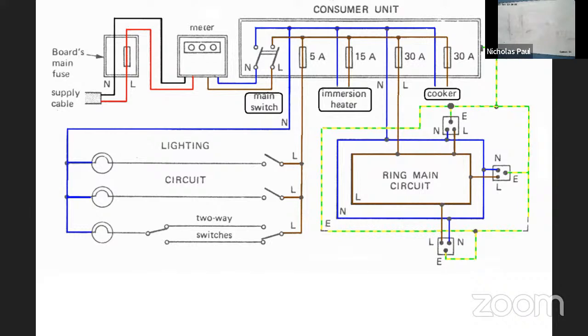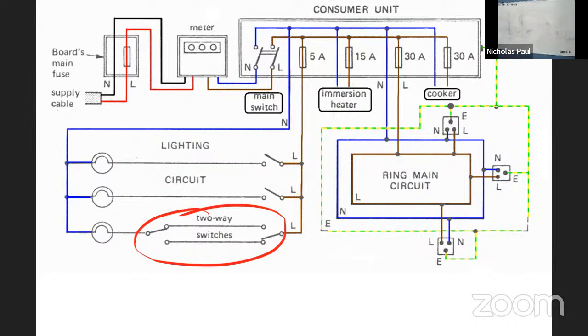One thing I did not point out here is a 2-way switch. Anybody has one at home where you can turn off a light upstairs and downstairs? That's called a 2-way switch. So the switch has the ability to turn on the light if you're upstairs, and when you go downstairs, you can turn it off if you want.